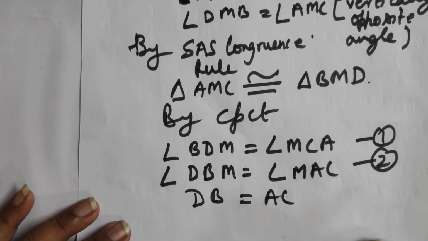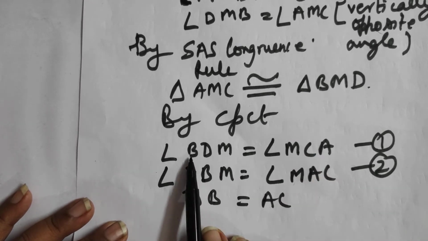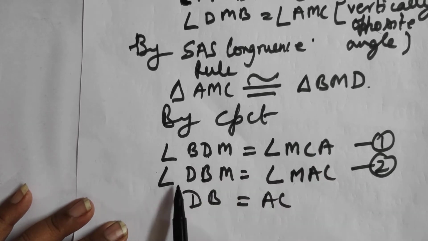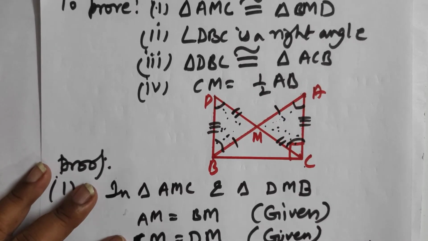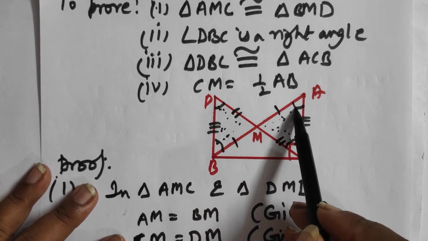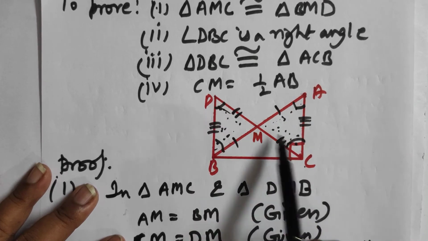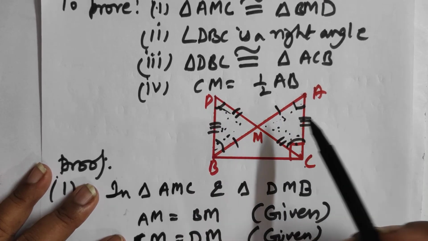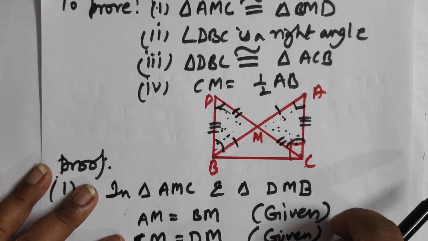Now, if we see these two angles, BDM is equal to MCA and DBM is equal to MAC. Let's check it again. This angle is equal to this angle and this angle is equal to this angle. If we see all four angles, these two pairs are behaving like alternate opposite angles.